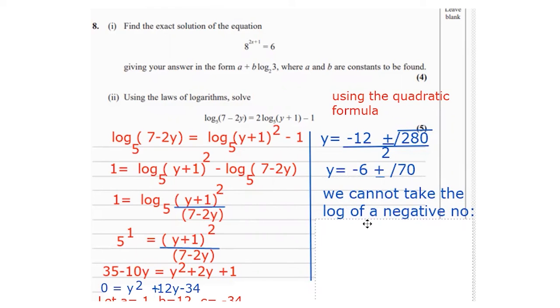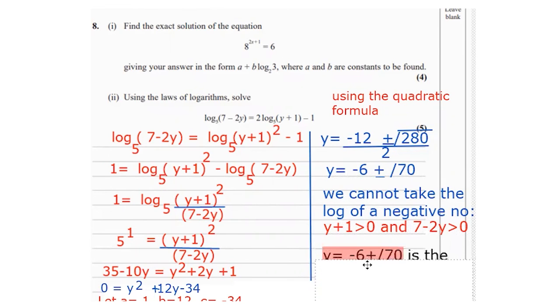Now we can only take the logarithm of positive numbers. So therefore, y plus 1 has to be positive, and 7 minus 2y also has to be positive. For that, we can only have one solution, which is y is equal to 6 minus square root of 70. That is our only solution.